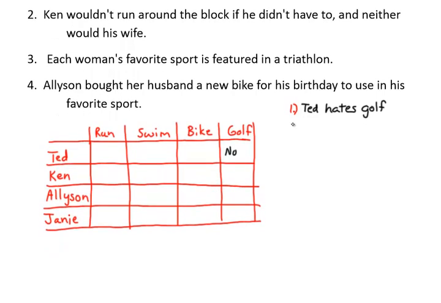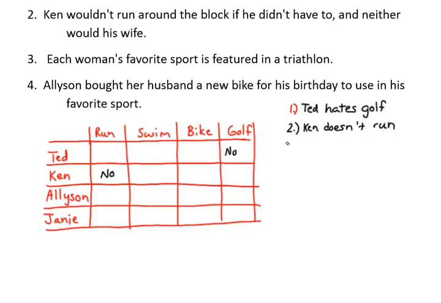Okay, so number 2, it says Ken wouldn't run around the block if he didn't have to, and neither would his wife. So Ken doesn't run. So we're going to put a no for Ken with running.